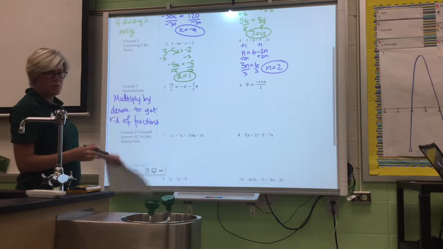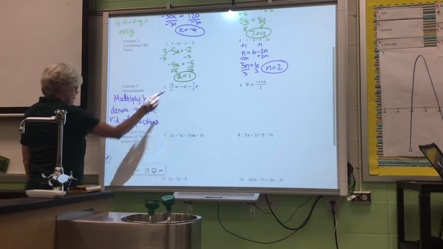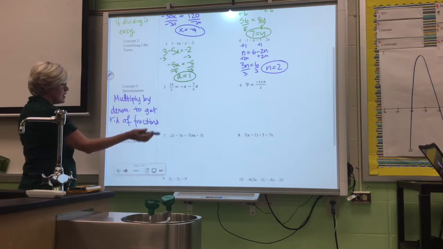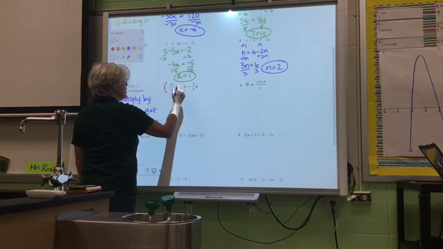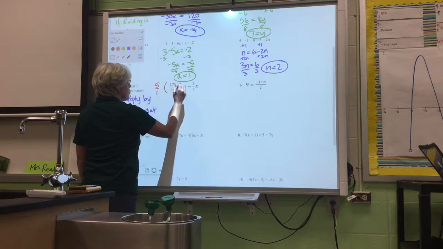So as I look at number 5, I've got a denominator of 5. I want to get rid of that 5. So the way I'm going to get rid of that 5 is I'm going to multiply both sides by 5 over 1.